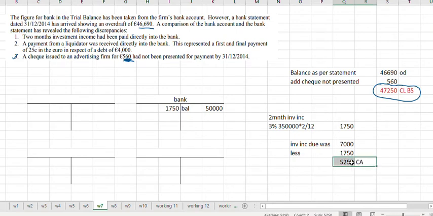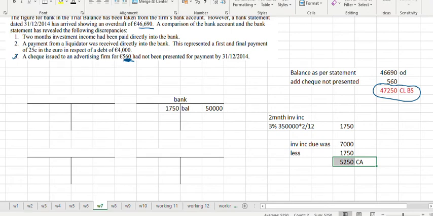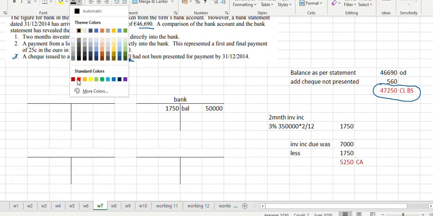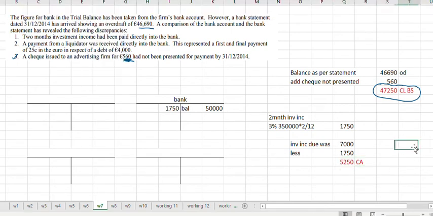That is now our figure for investment income due. So that's a sneaky enough little note there, but that's our new figure for investment income due. And we put it into our bank account.